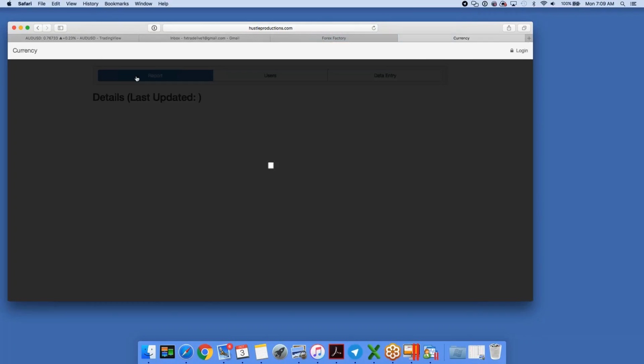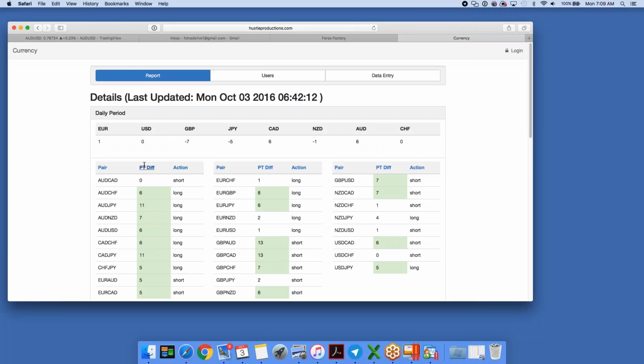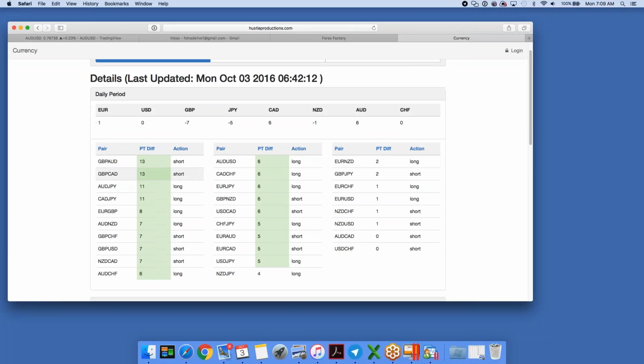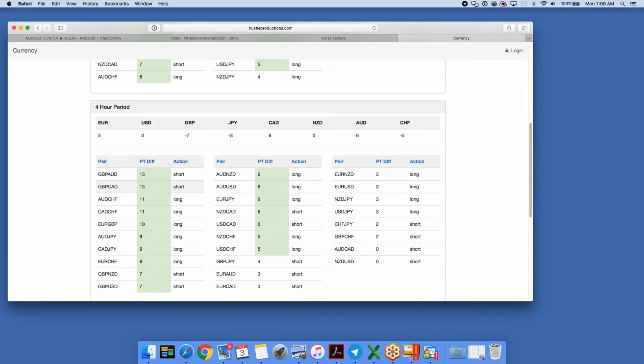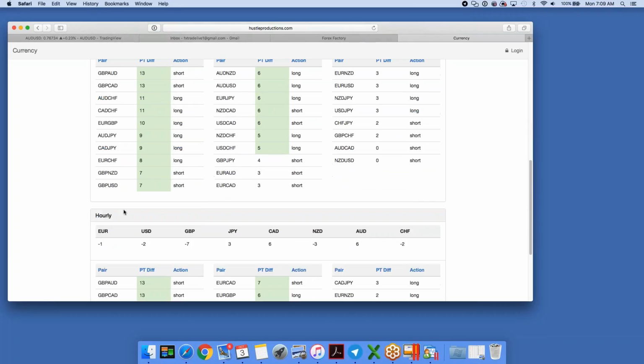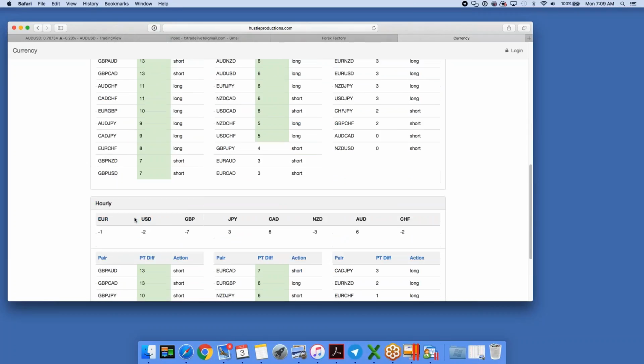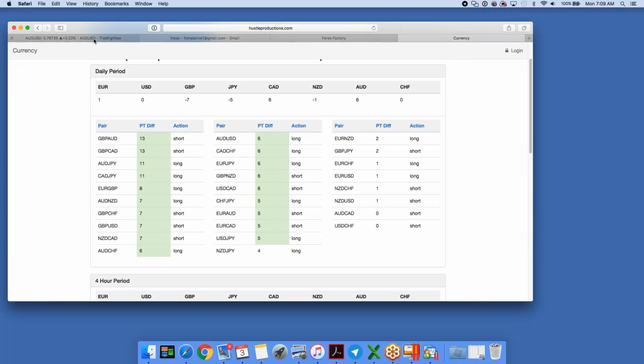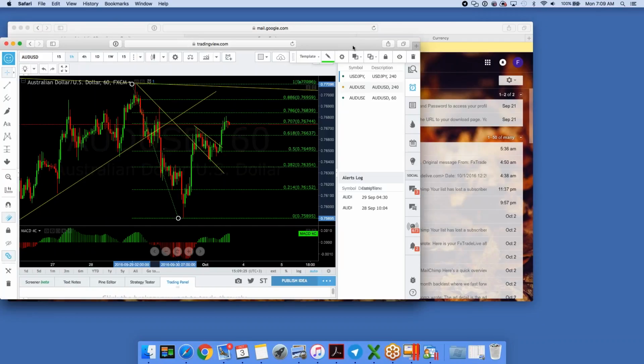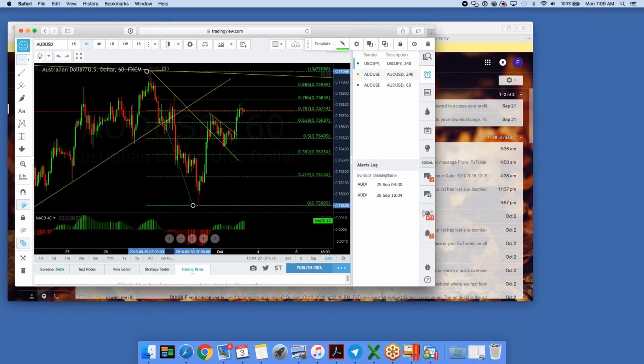So let's hop over here. As you can see, the pound dollar, pound Aussie, and the pound CAD, you would want to short, or they're probably weak right now.